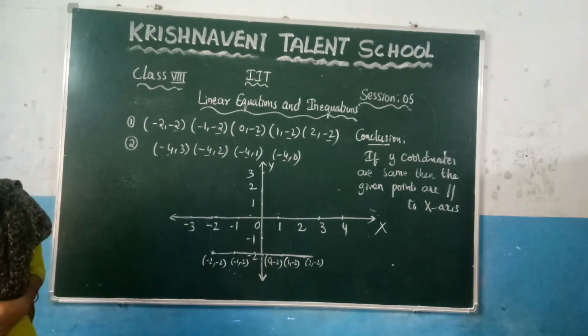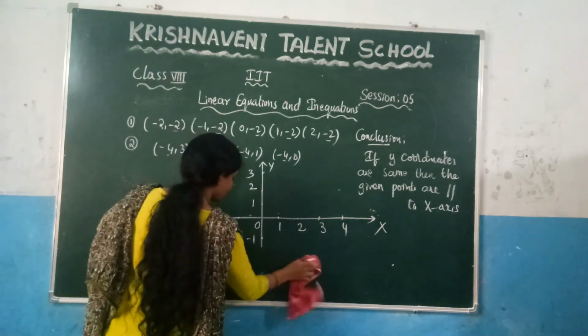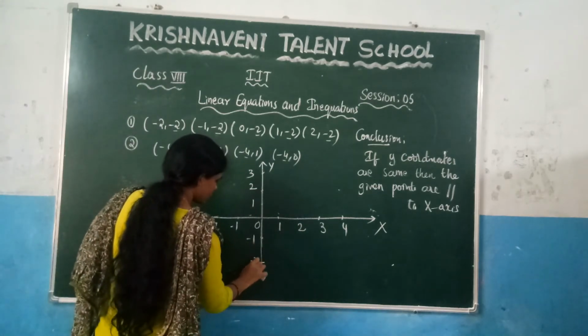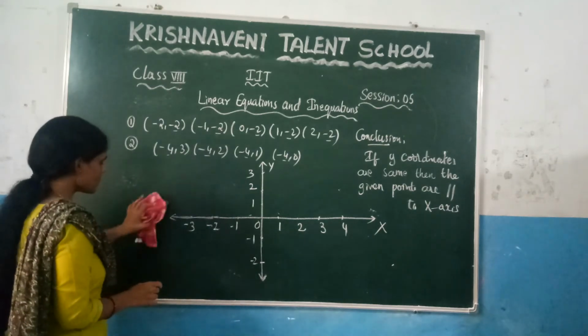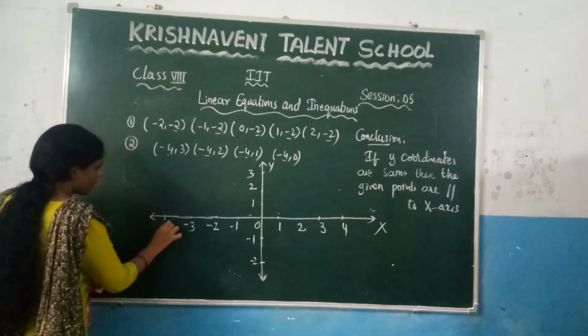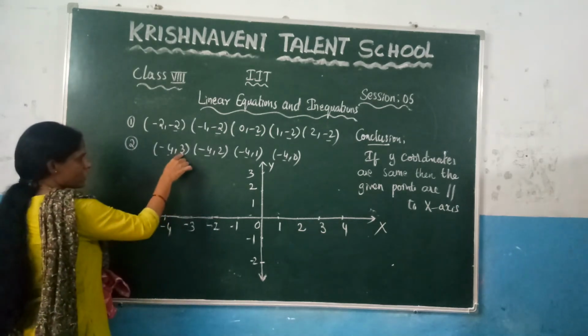So here I am dropping this one. Let us mark these points. (-4, 2). Where is -4 on the x-axis? It is not there, so I am extending here. (-4, 3). Right? This is -4 and this is 3.